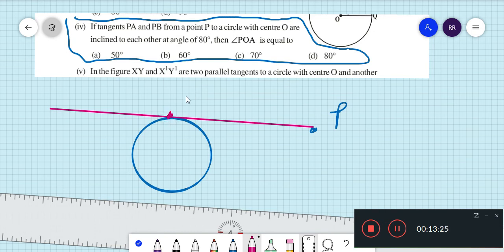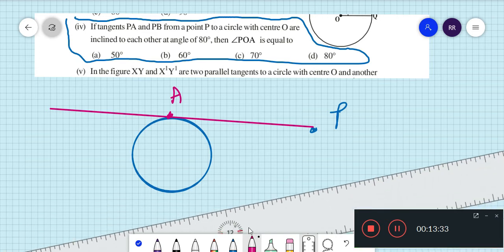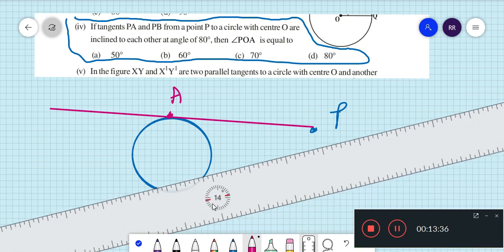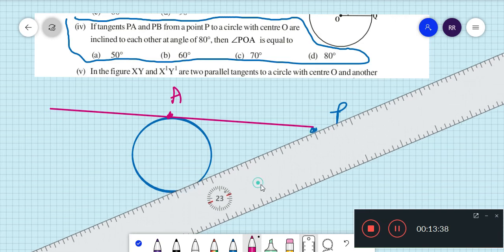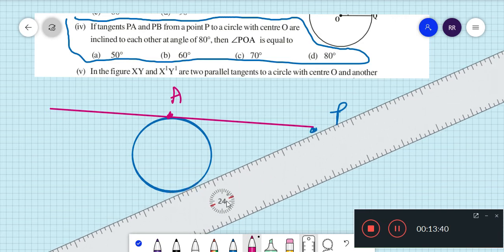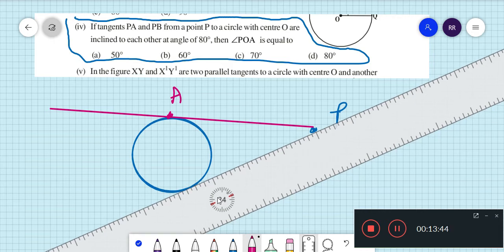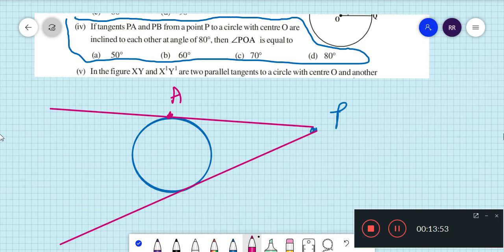PA is one tangent from P. Similarly, PB will be like this. Okay, children. This is the PB.